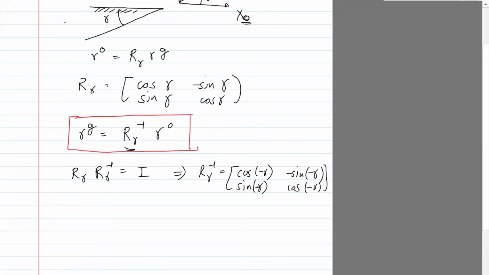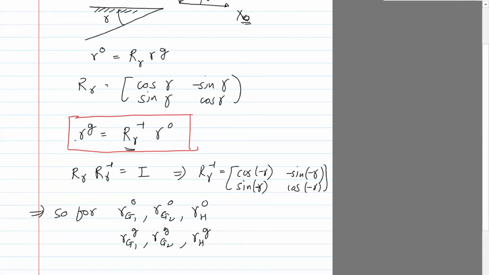This is all the work I need to do. So far we have R G1 in frame 0, R G2 in frame 0, and R H in frame 0. We also need the positions of R G1 in frame G, R G2 in frame G, and R H in frame G, and that comes from this formula.